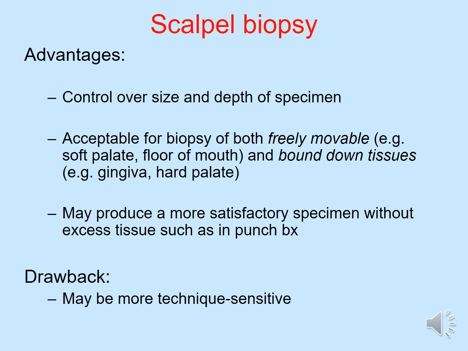The drawback is that it is more technique sensitive. That means if you are not trained, or if you do not keep in mind the guidelines we just discussed while doing this biopsy procedure, it can lead to unnecessary use of this technique, or a wrong specimen, or wrong representative tissue.